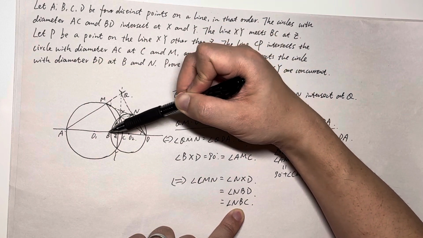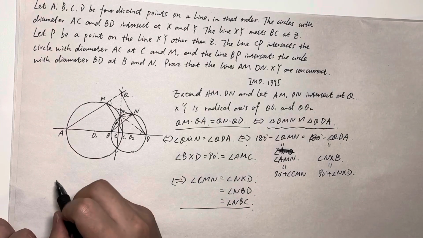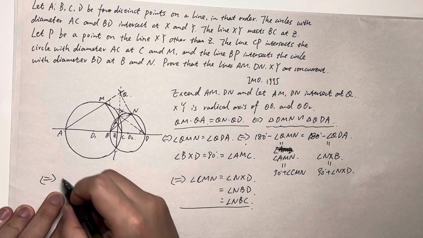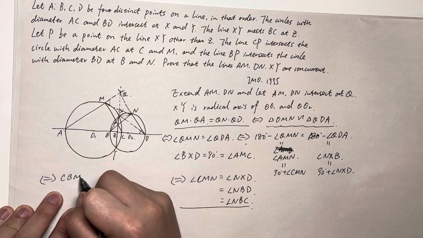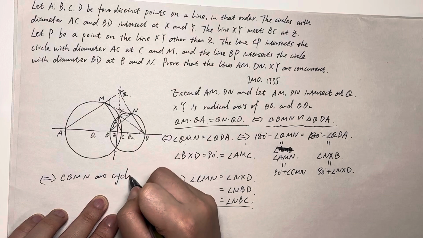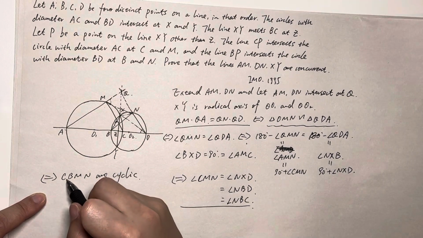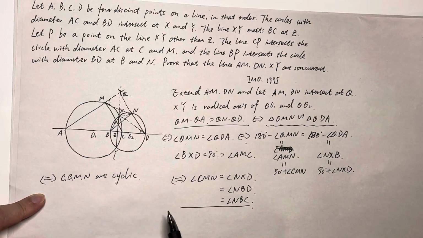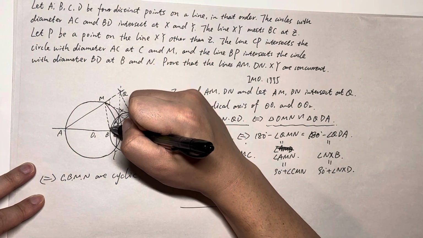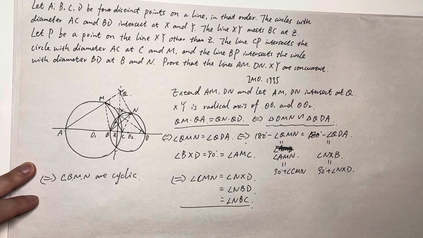Basically, this is equivalent to proving that CBMN are cyclic. Right, we want to prove these four points are cyclic. So we connect MB here, and we connect CN here.